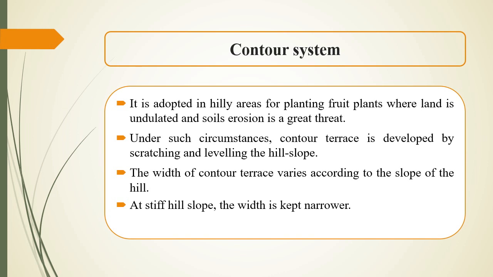Next, contour system. It is adopted in hilly areas for planting fruit plants, where land is undulated and soil erosion is a great threat. Under such circumstances, contour terrace is developed by scratching and leveling the hill slope. The width of contour terrace varies according to the slope of the hill.